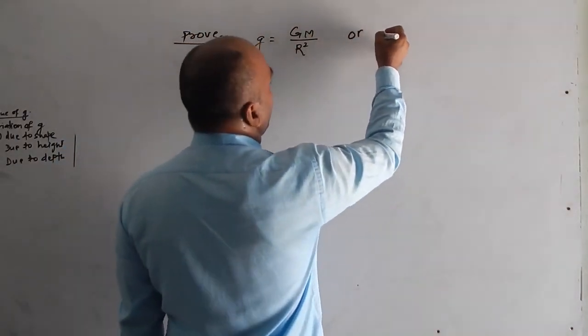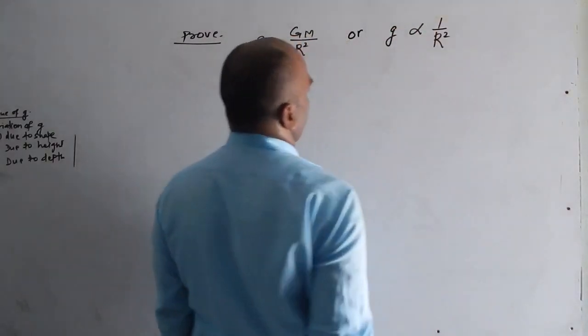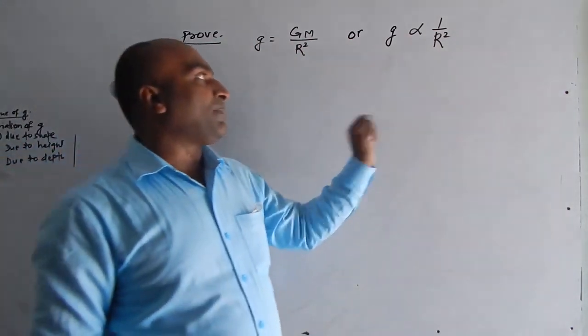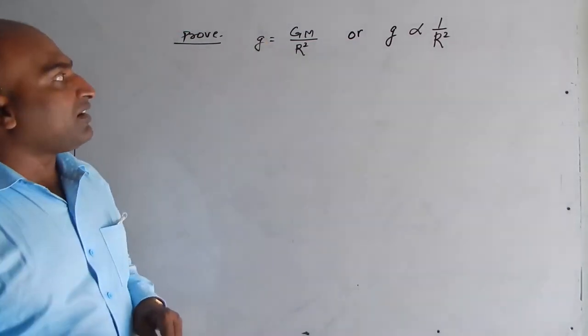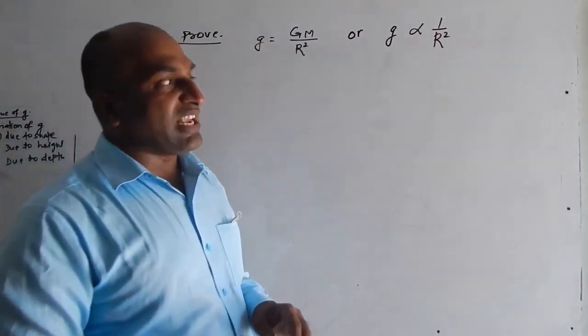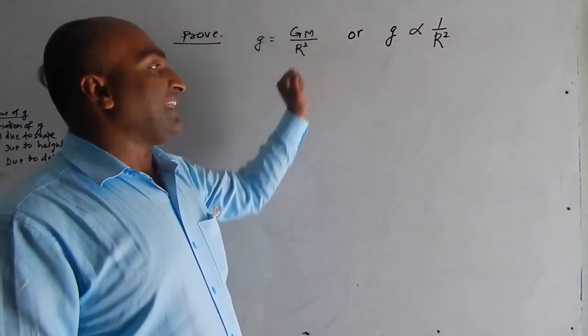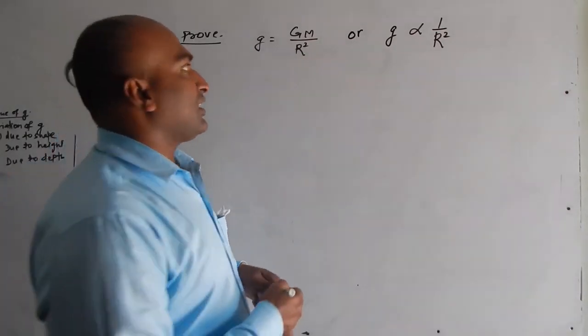In the same way, we will prove that g is inversely proportional to R square, where R represents the radius of the earth or the planets. Acceleration due to gravity is independent of the mass of the object. It depends upon the mass of the earth or planet or satellite and the radius of the earth.